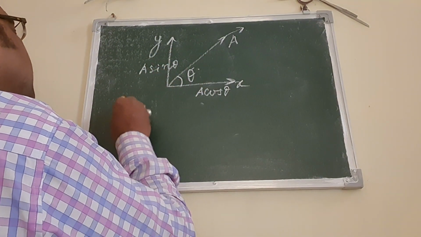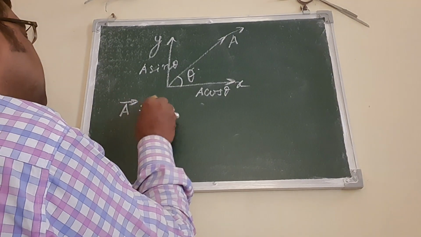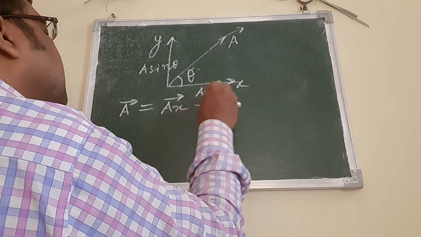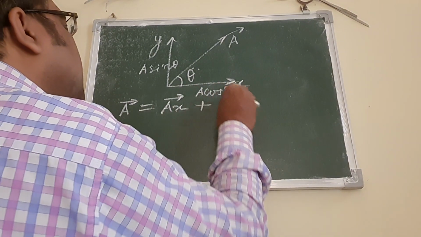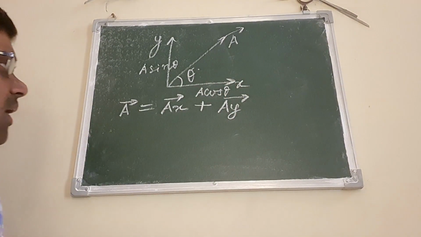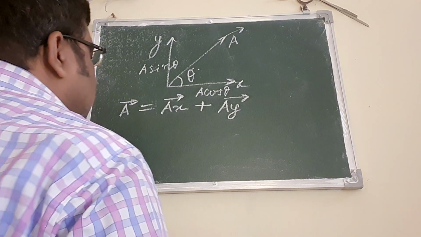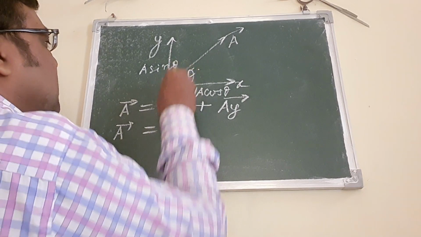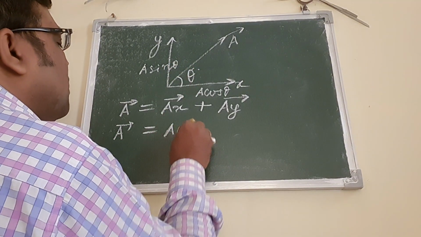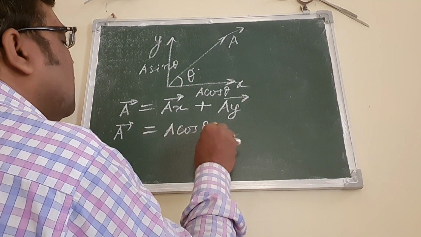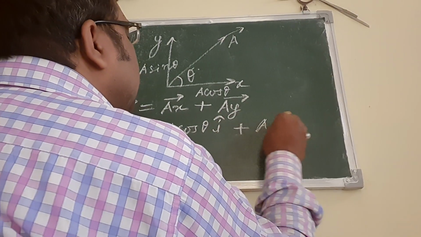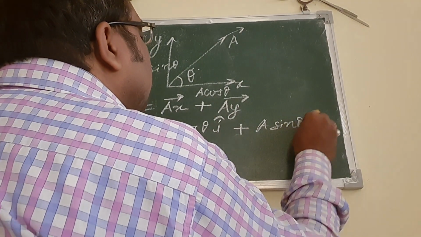So our vector A is equal to Ax vector, the vector in the x direction, plus Ay vector in the y direction. We can write it as A cos theta i cap plus A sin theta j cap.